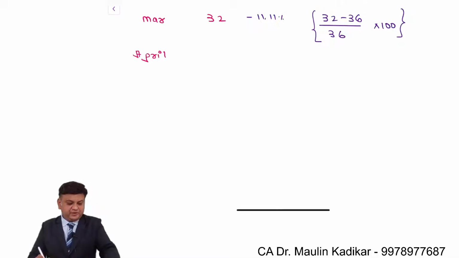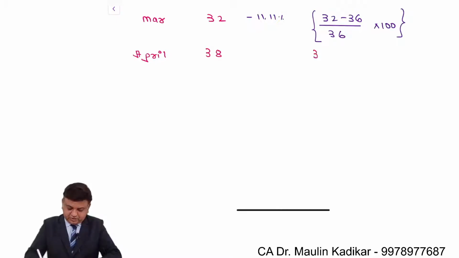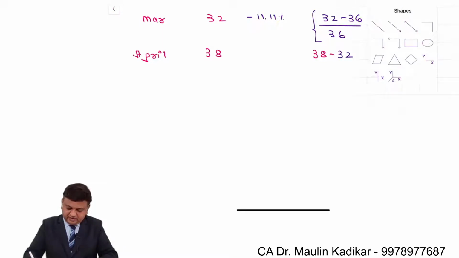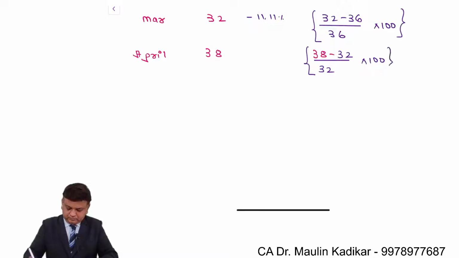In the month of April it is 38. So it is 38 minus 32 divided by 32 into 100, which is 18.75 percent.